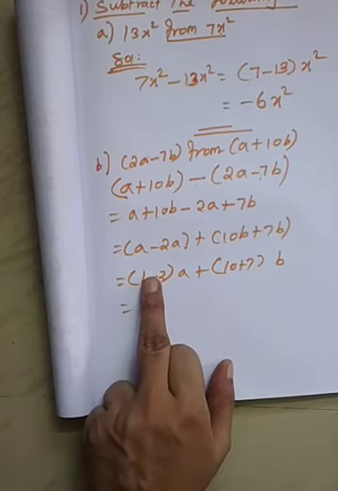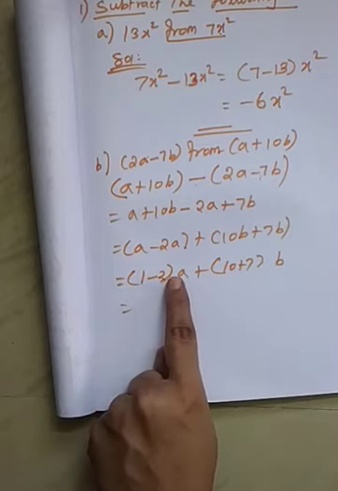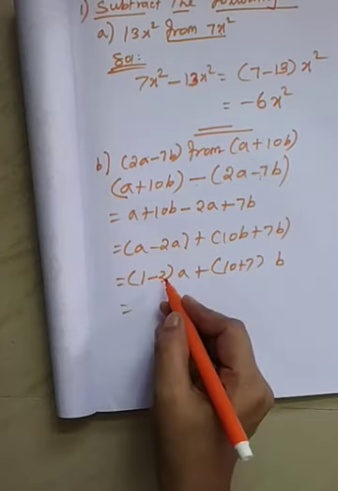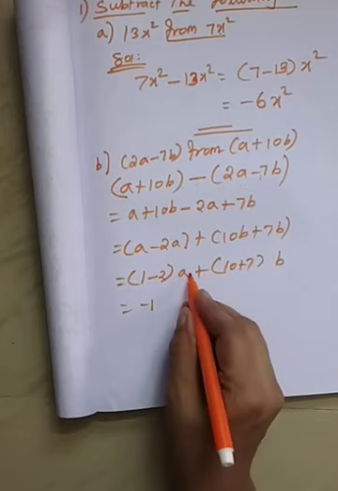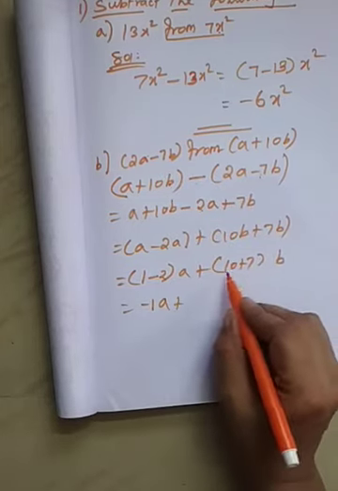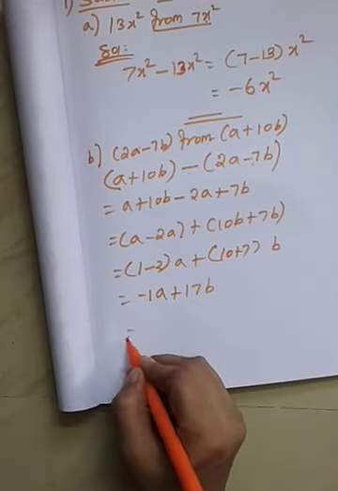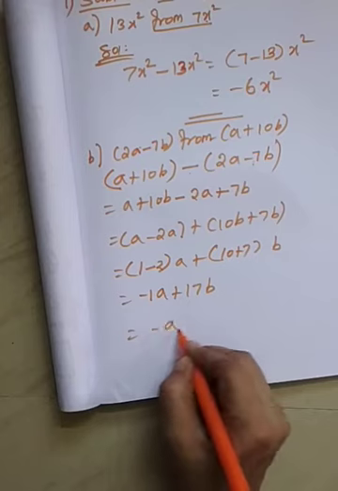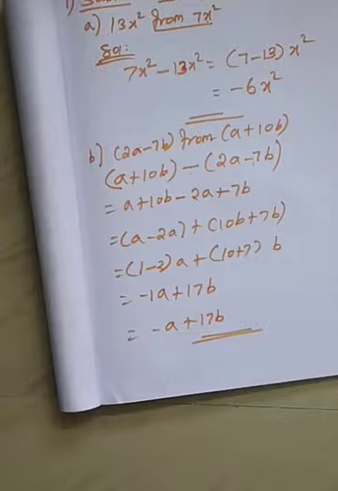See which one is the largest value, 1 or 2. 2 is the largest value and that sign you can take. You can take minus. Now subtract the smaller value from the largest value. So what is 2 minus 1? 1. And then a. Plus, see here both are plus, directly you can add 17b. What is minus 1 into a? Minus a. Minus a plus 17b is your answer. Everybody clear?